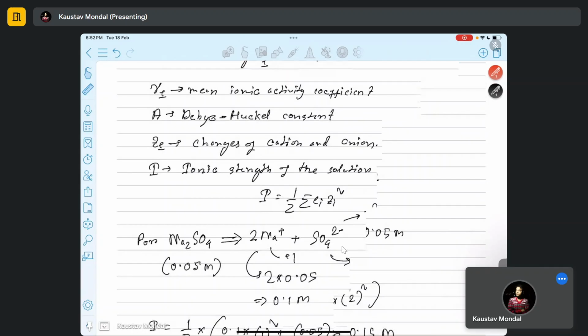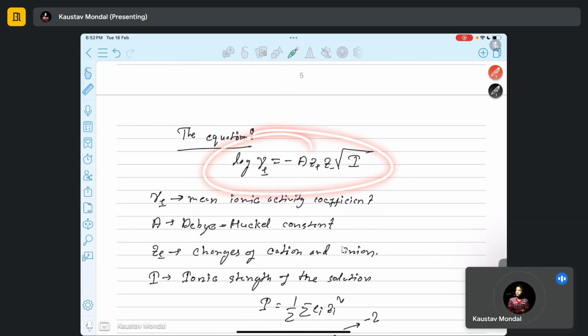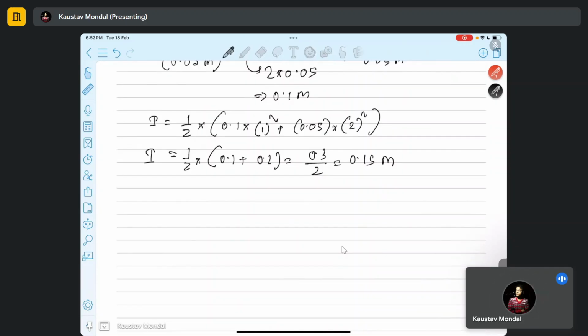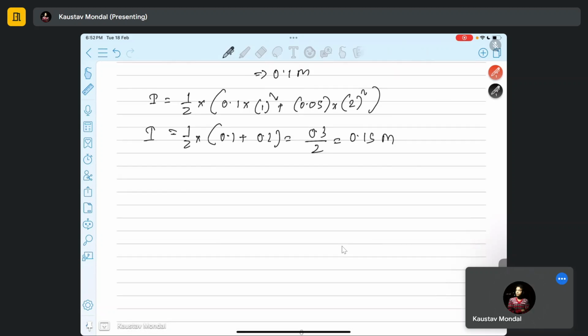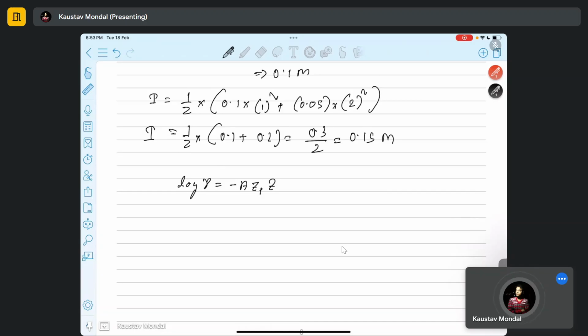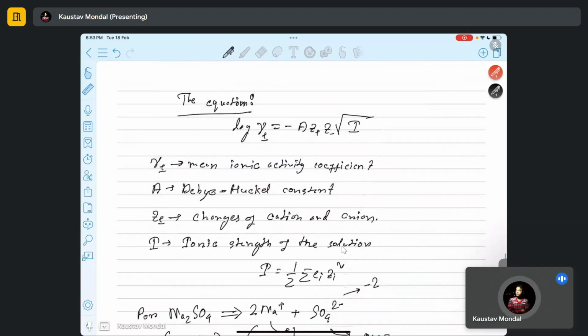You already know this formula: log of gamma equal to minus A z plus z minus into root I. The A value is the Debye-Hückel constant.